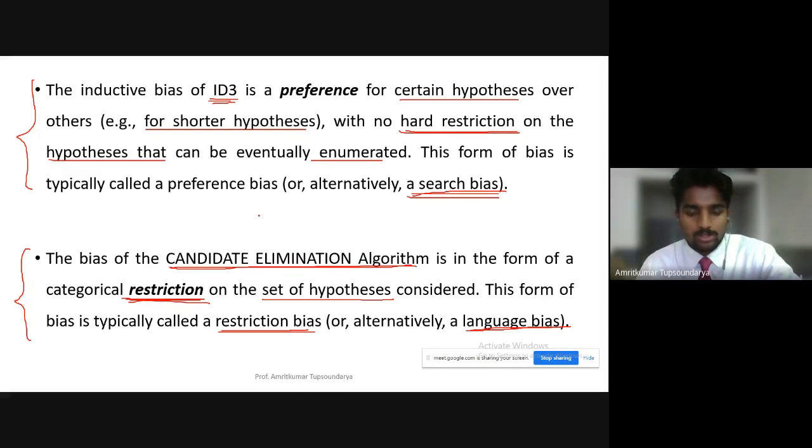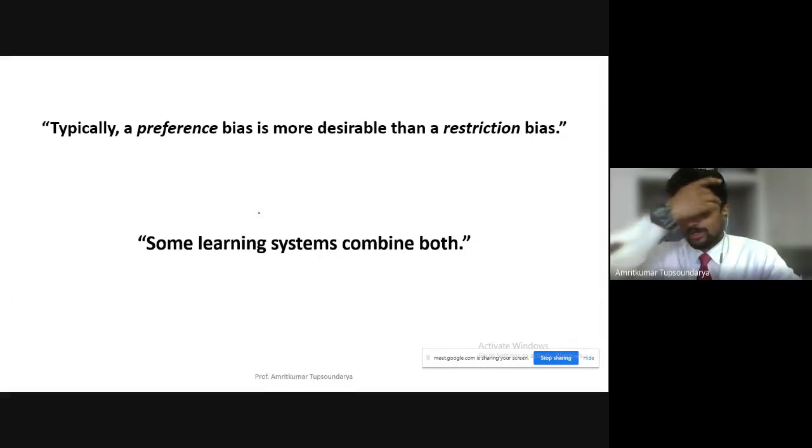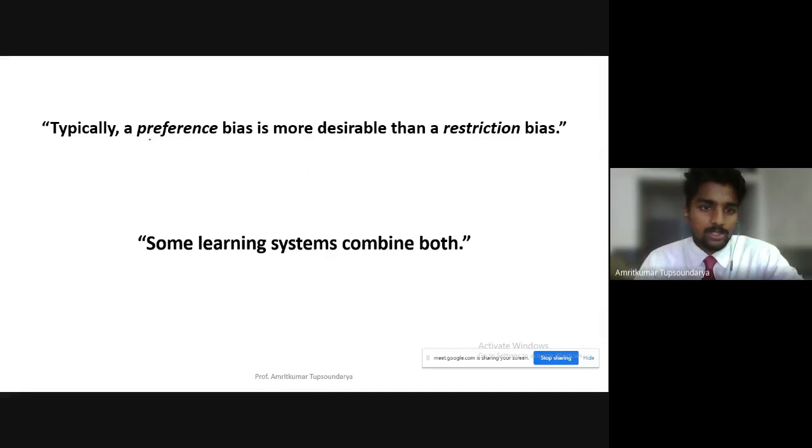But the question is which is better, and when to consider preference bias or restriction bias if we want to include inductive bias in the learning algorithm. Considering the majority of machine learning problems, typically the inductive bias we prefer is the preference bias. So preference bias is more desirable than the restriction bias.